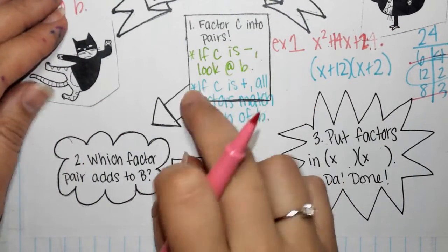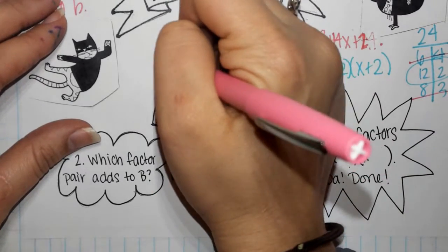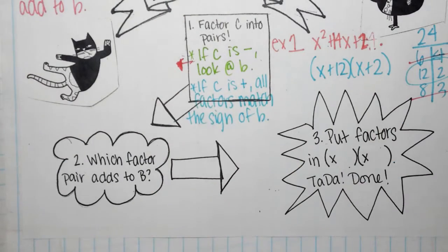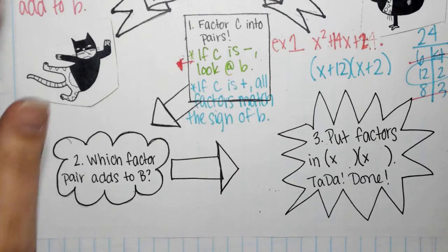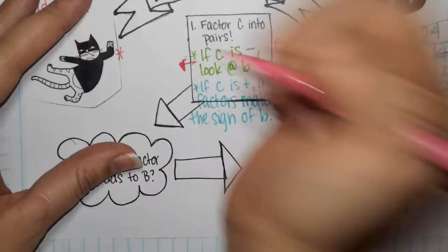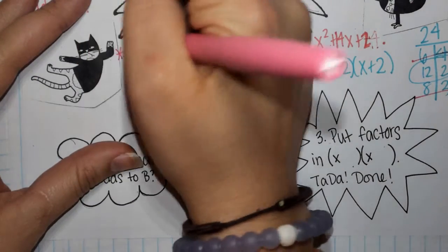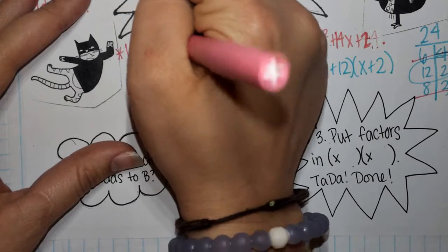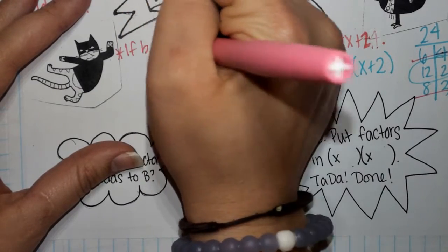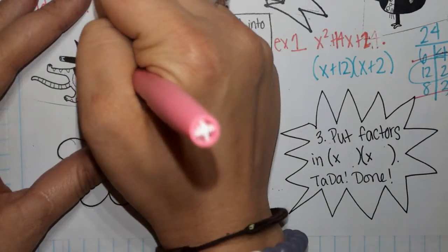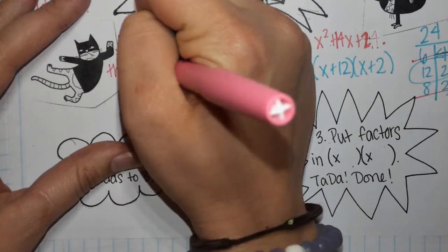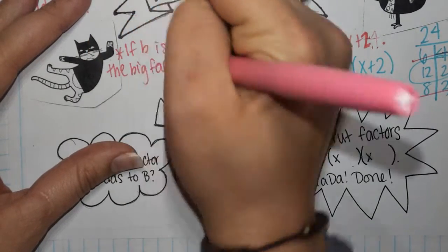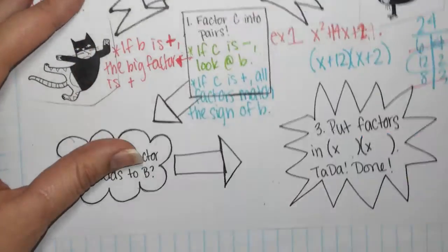Alright, so if C is negative, look at B. So we have to look at the sign of B. And the first rule says, if B is positive, the big factor is positive.